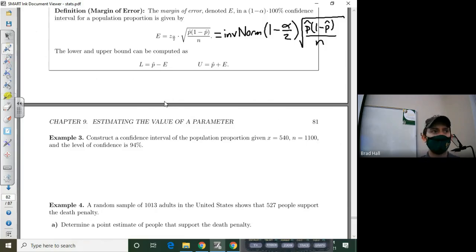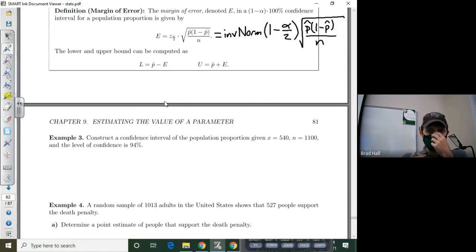So an interval being a lower and an upper bound. And they tell us that X is 540, N is 1100, and they also tell us that the confidence interval is 94. So generally they give you a confidence interval because the confidence interval helps you find out this alpha thing that we'll look for momentarily.